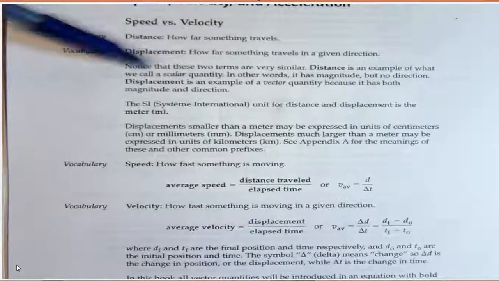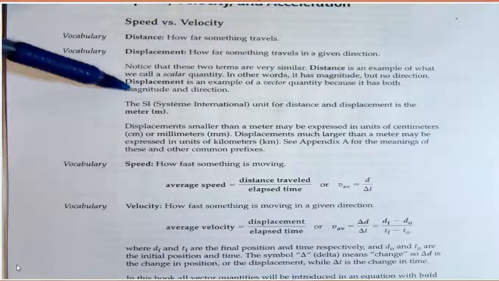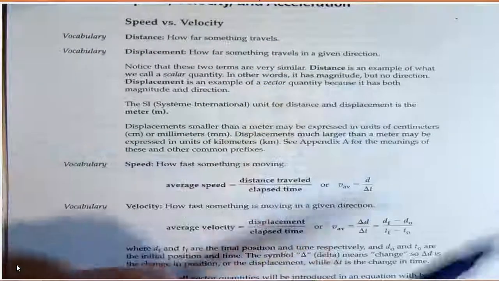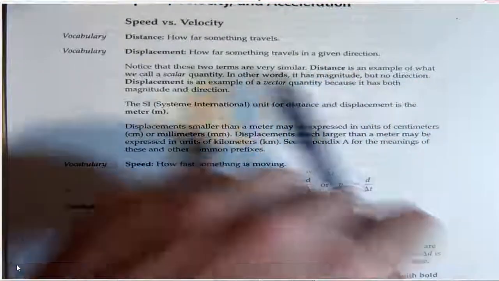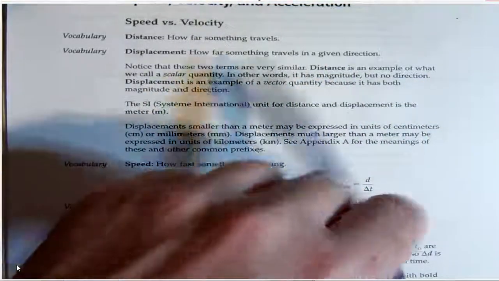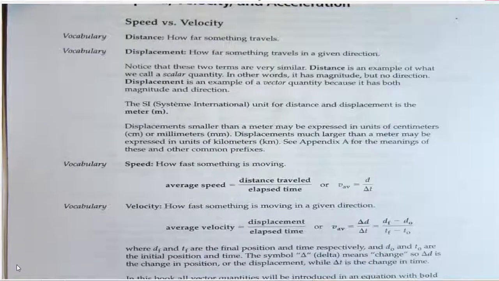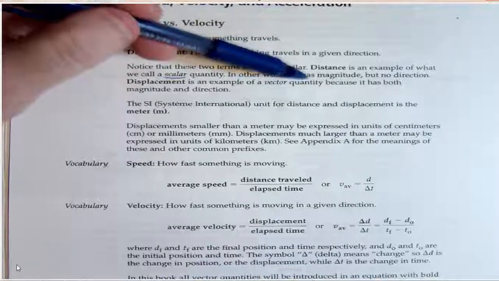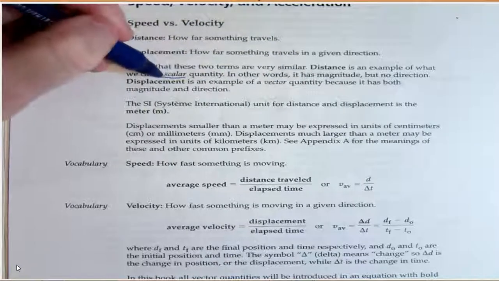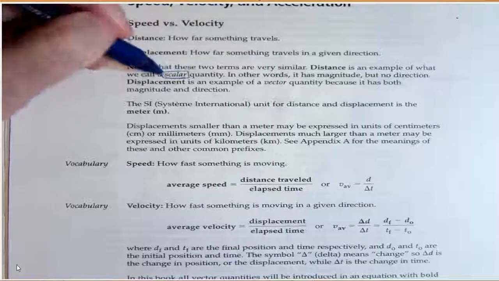Okay, so let's talk about distance versus displacement. Just to cover this, I'm sure you guys will read it anyways. Distance is an example of what we call a scalar quantity. So distance is scalar. In other words, it has a magnitude but no direction. Scalar, like a scale, has a magnitude but no direction.